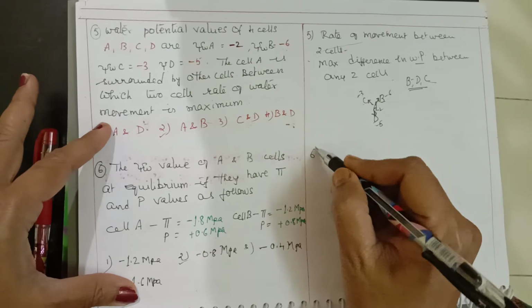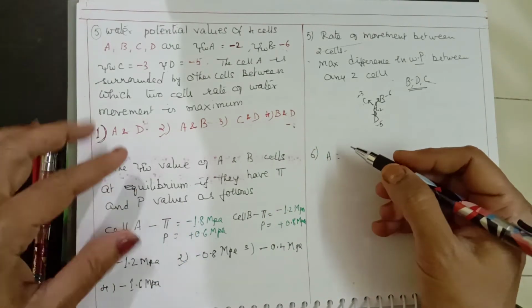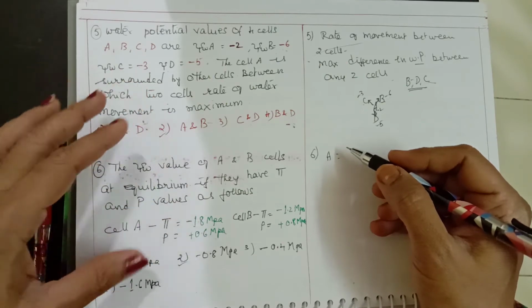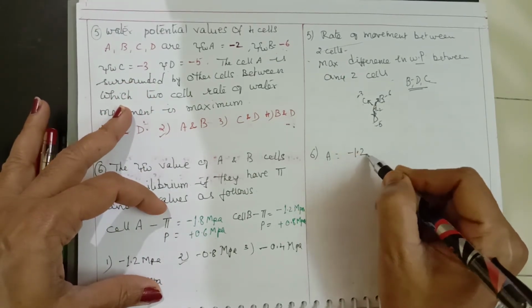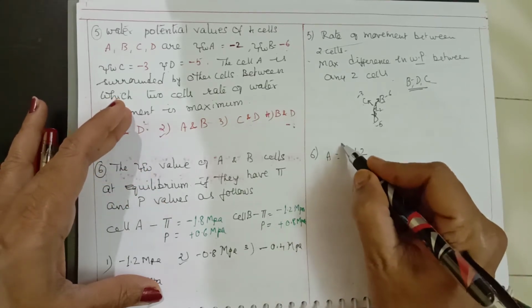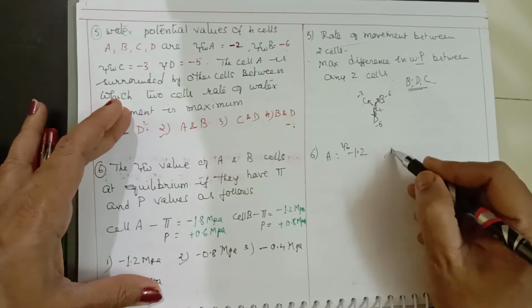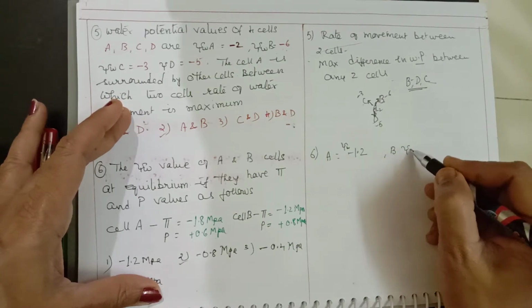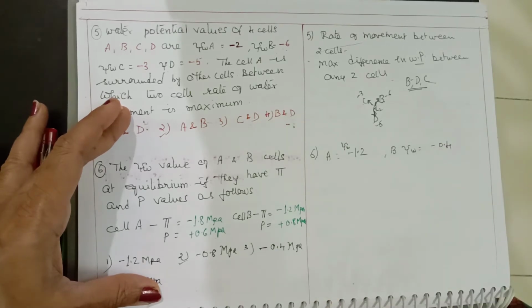For cell A, we have to find the difference: 1.8 minus 0.6, we get minus 1.2. So for cell A, we get a water potential value of minus 1.2. And for cell B, we get a water potential value of minus 0.4.